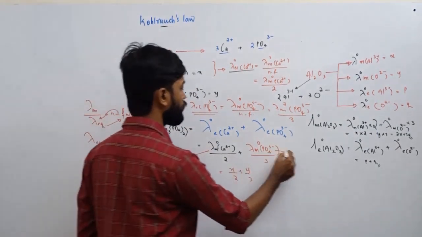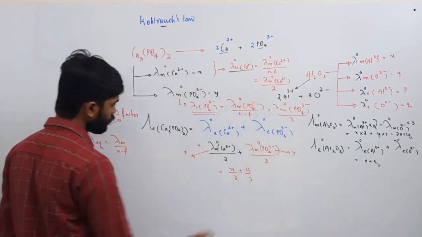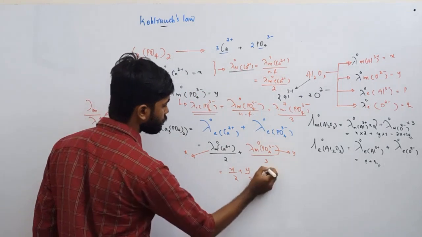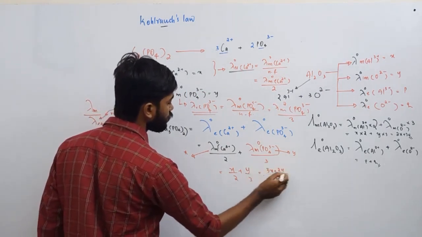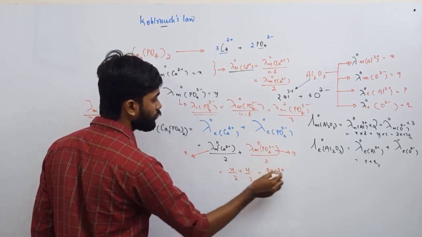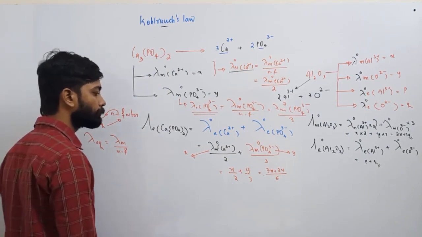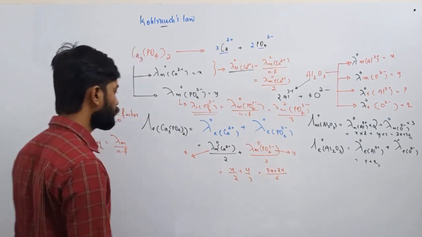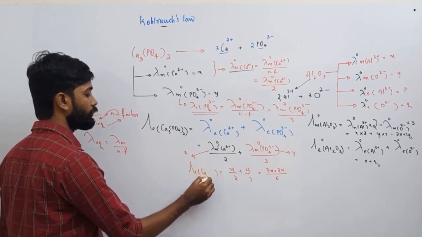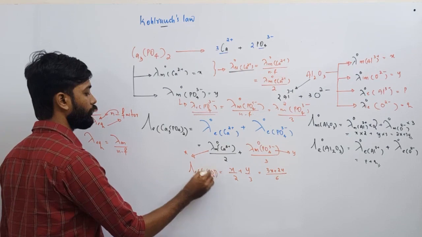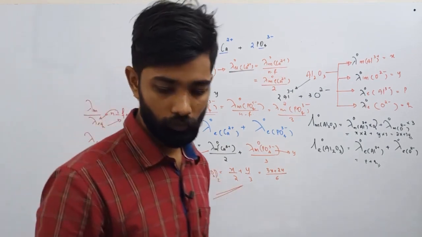This is given as x and this is y in your question. If I cross-multiply, it will be (3x plus 2y) divided by 6. (3x plus 2y) divided by 6 will be the limiting equivalent conductivity of Ca3(PO4)2.